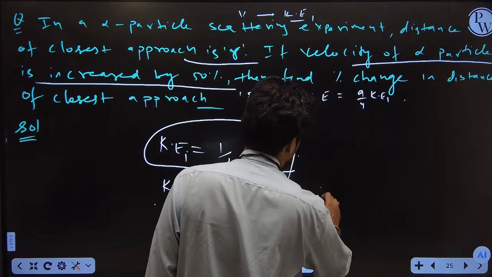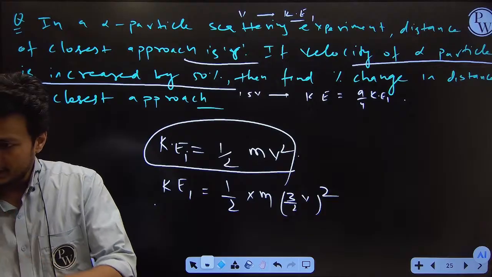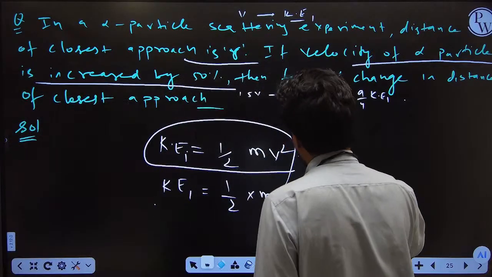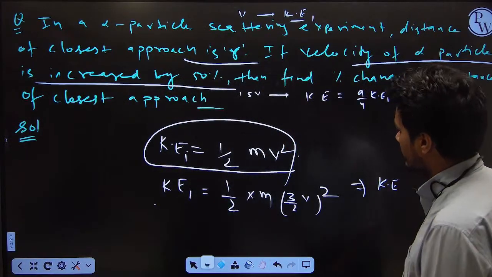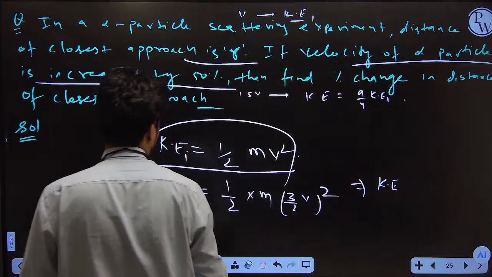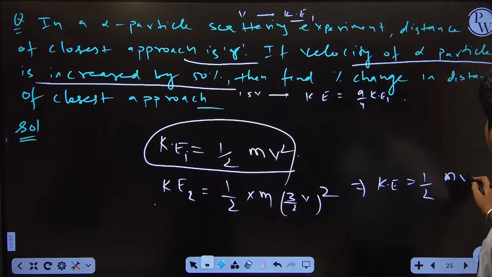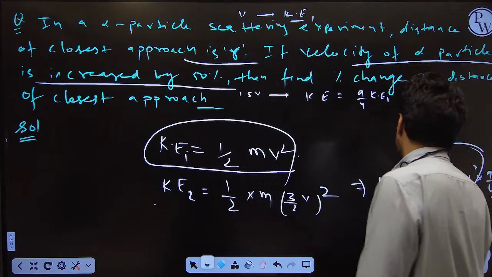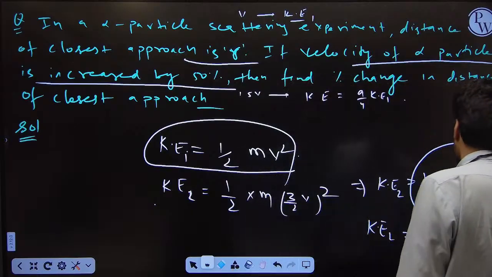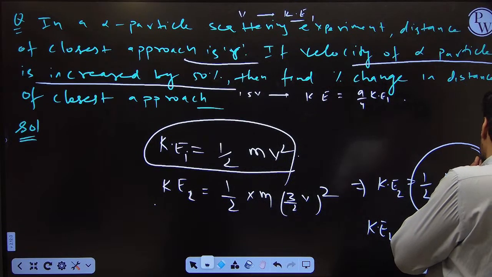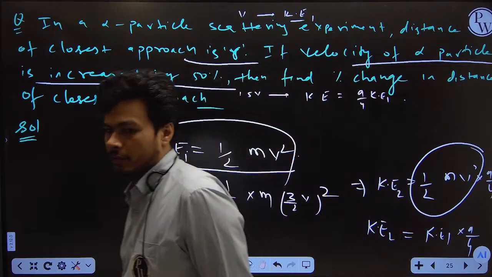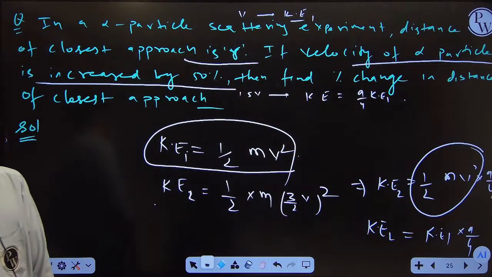Clear? So kinetic energy 2 is half m v square by 9 by 4. So can I say that kinetic energy 2 is 9 by 4 times kinetic energy 1?